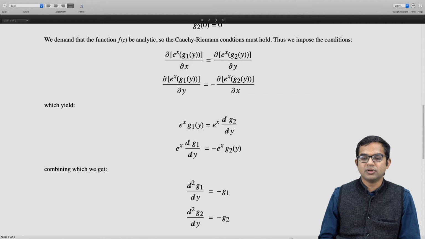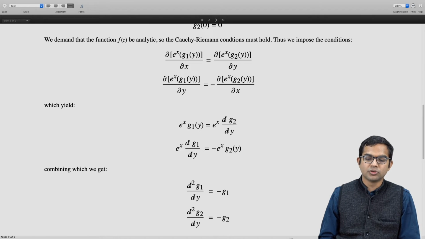If you take the derivative, you get d squared g1 by dy squared is equal to minus g1. Likewise, if you take the derivative with respect to y in the first equation, you get d squared g2 by dy squared is equal to dg1 by dy, but dg1 by dy is the same as minus g2.